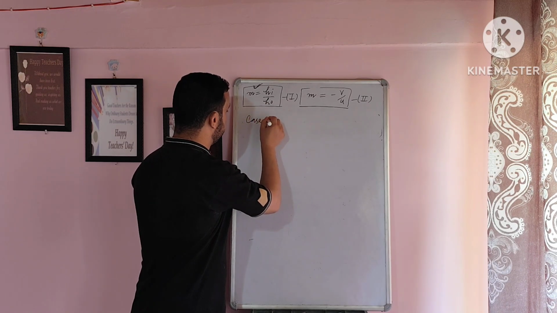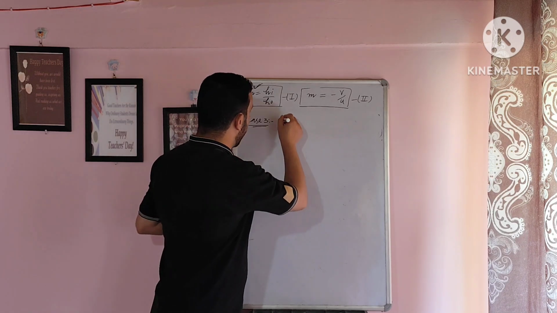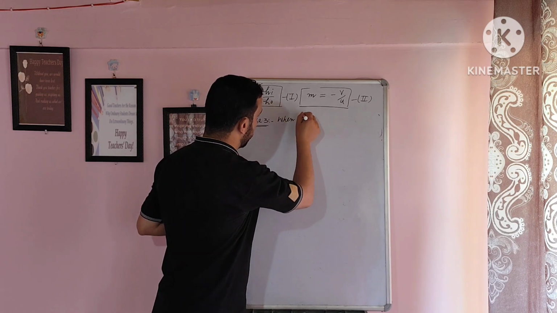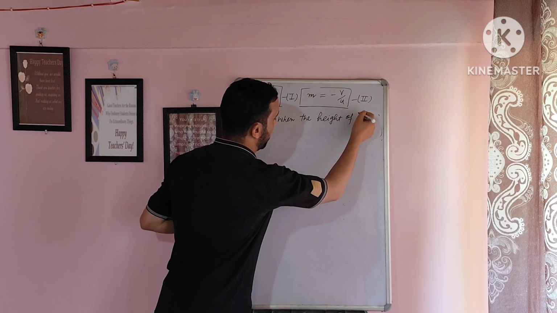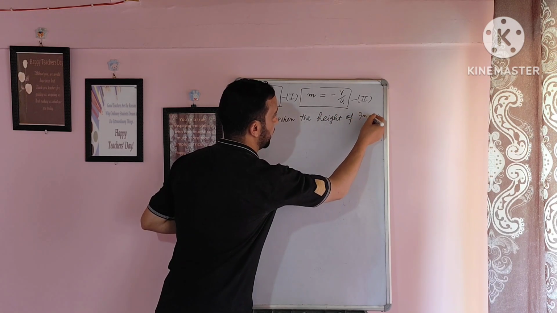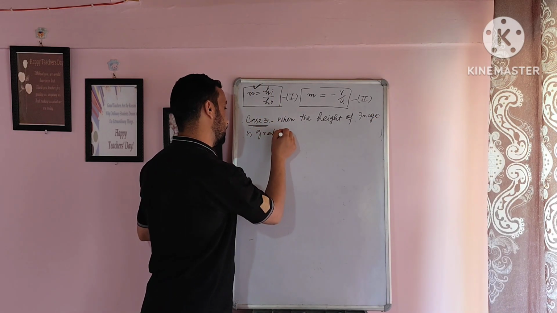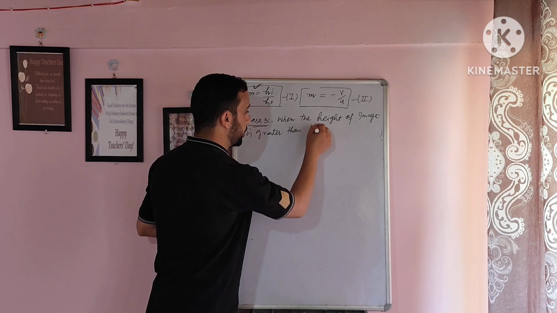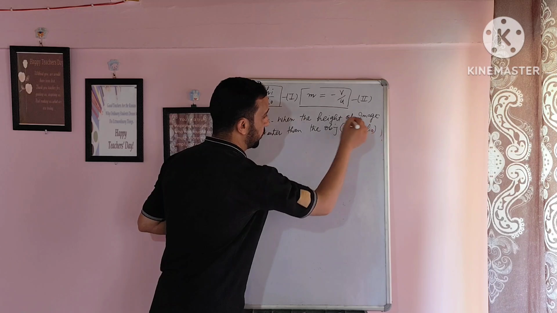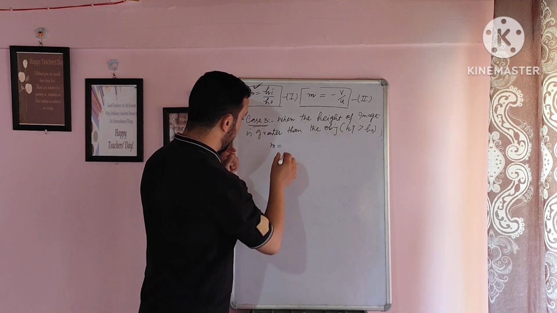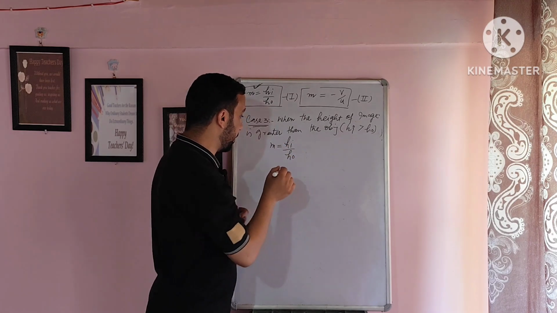Case number three: when the height of the image is greater than the object, that is Hi greater than Ho, M can have the value Hi upon Ho. This is the formula. M equals Hi upon Ho.